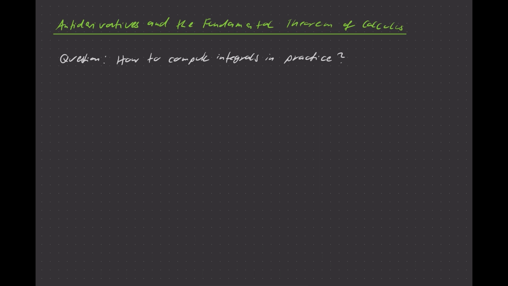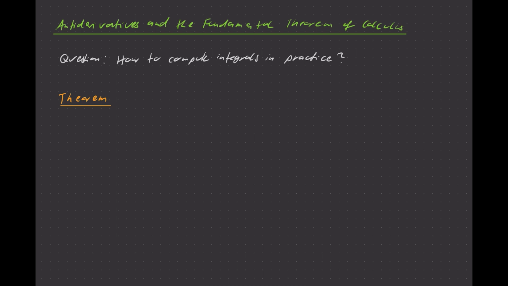Now, that fundamental theorem consists of two parts. We write those down as two different theorems. The first part is the following. Let's say we have an interval as usual.